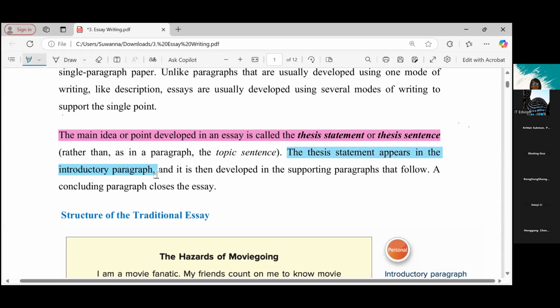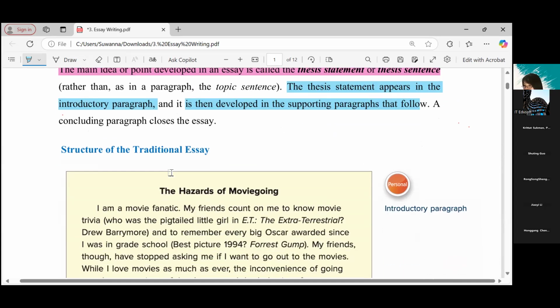And for that reason, it usually appears at the very beginning of your essay, in an introductory paragraph. And it is then developed in the supporting paragraphs that follow. A concluding paragraph then closes the essay, okay?